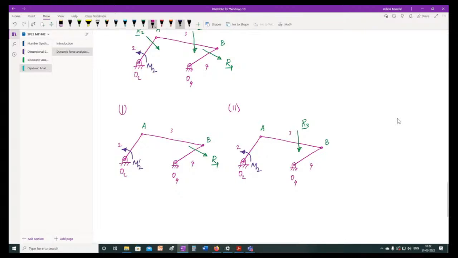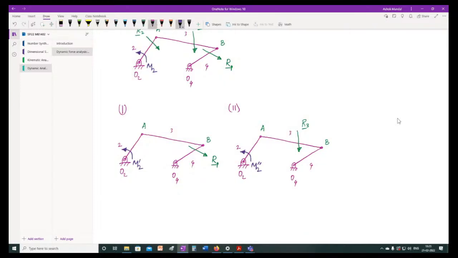And we will say that for R3, you need a torque here that is M2 double dash. Okay. The same thing you will do, draw the free body diagram of these, get the joint forces, then free body diagram of this, get the joint forces, free body diagram of this, get the joint forces, and from there you can find out what is this M2. We will discuss this in our next class.